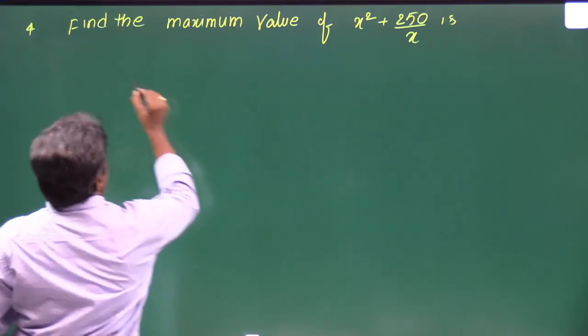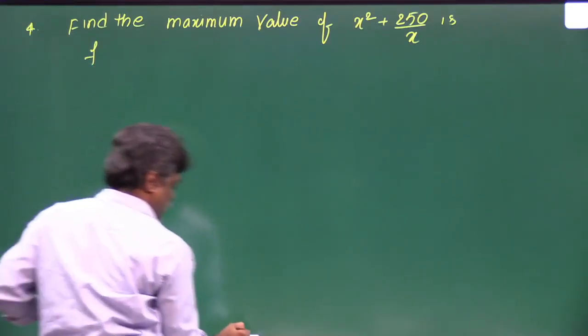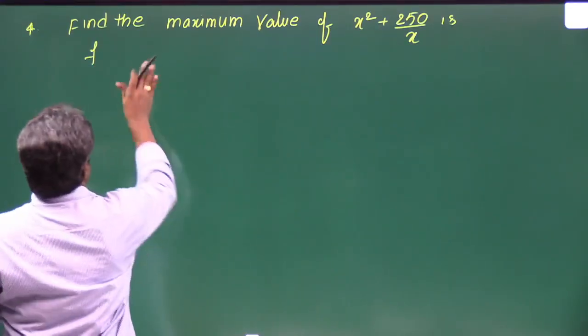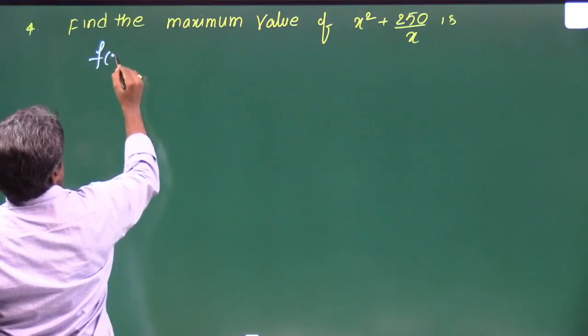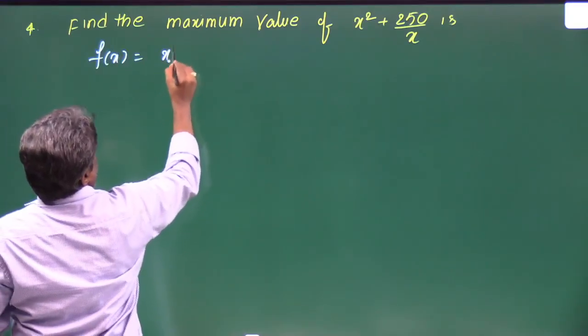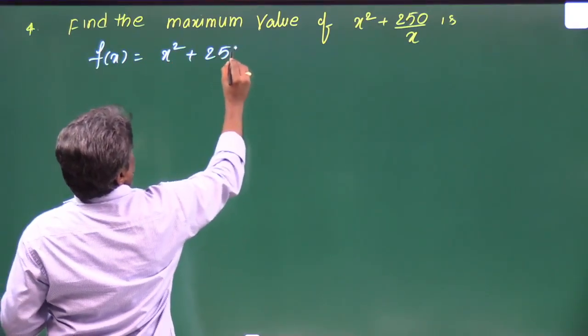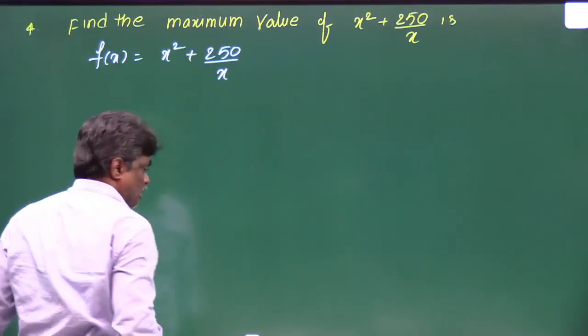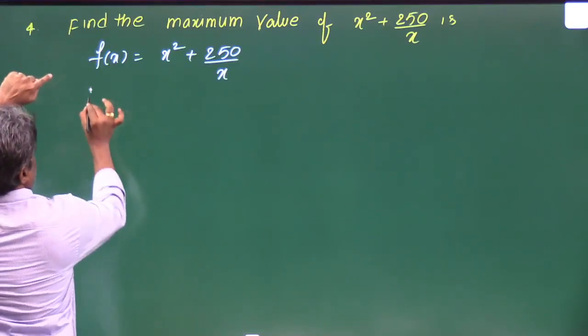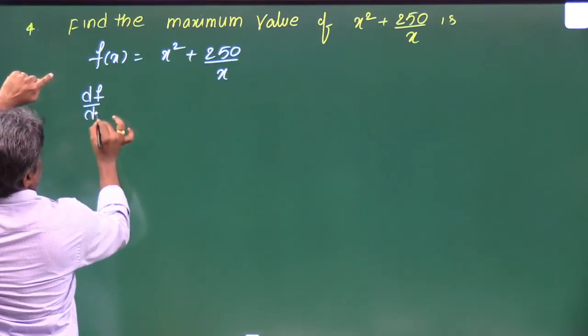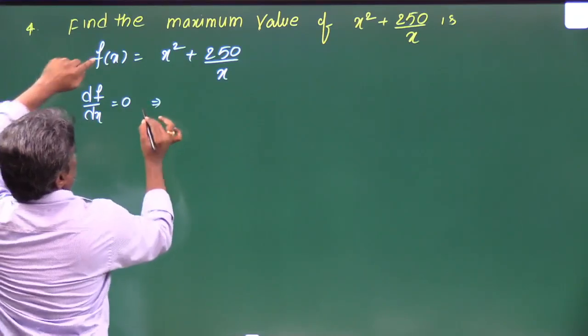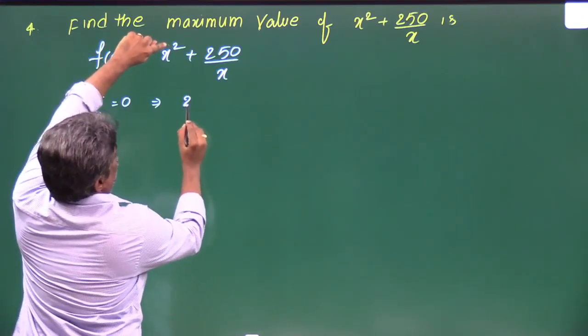So this is my given function. f of x is equal to x square plus 250 by x. Now let me find the first derivative, df by dx equal to 0. So it is in the numerator, that's why 2x as it is.